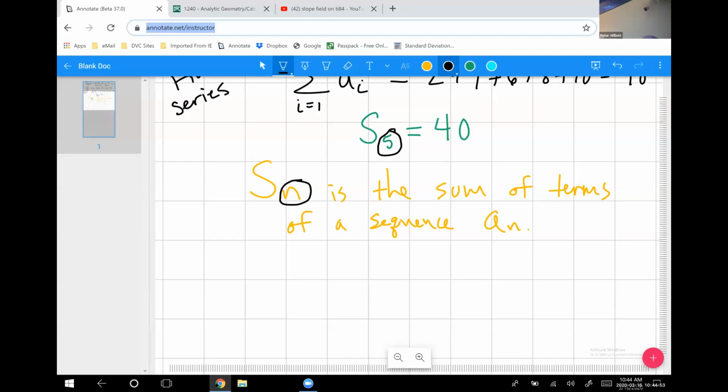If the sequence itself was finite, then you're adding up a finite number of terms. If the sequence was infinite, then you're trying to add up an infinite number of terms, which may or may not have a limiting value, which we've talked a little bit about, for example, getting the area under a curve for an improper integral or something like that.